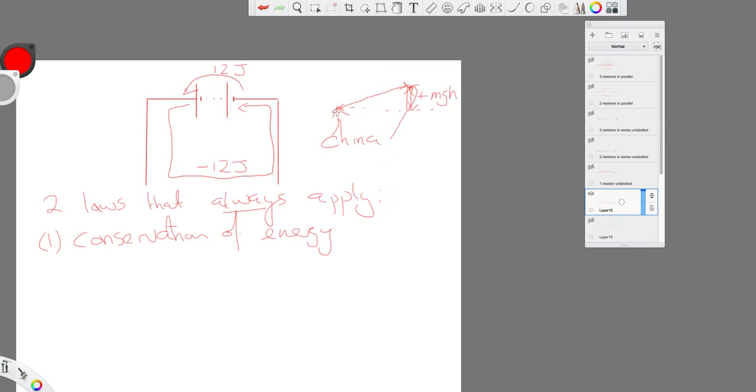Your change from where you started to where you finished is still mgh. And so, in our circuit, it doesn't matter what path we take to get from here to here.